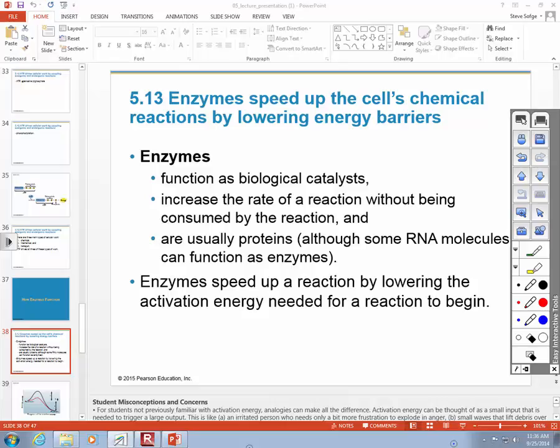Okay, so enzymes speed up the reaction, and they lower the amount of energy required to make that reaction occur. That is what you call energy of activation, the amount of energy that you have to put into a reaction to make it work.